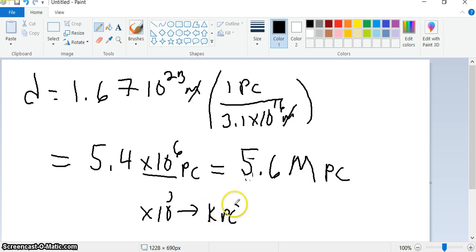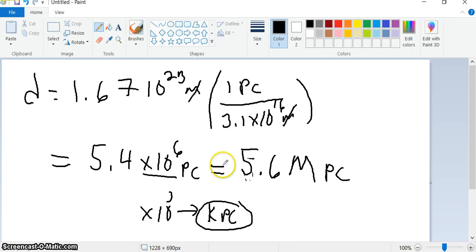I'm just talking out loud here. And usually kiloparsecs, we use that for objects inside of our galaxy, inside of the Milky Way. And of course Polaris, just to let you know, is a star in our galaxy, so it's very typical for its values to be in kiloparsecs.